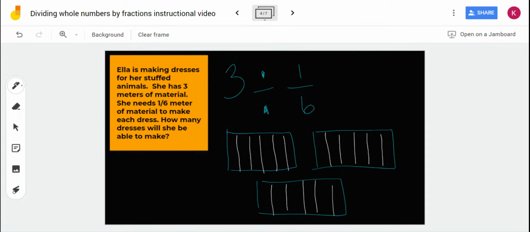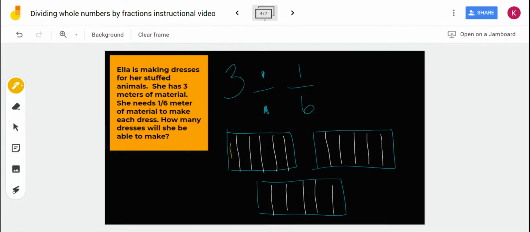Okay, so here I've modeled my 3 wholes and I've divided them into 1/6 pieces of material. When I count up these pieces, that should answer my question of how many dresses will she be able to make. Hopefully you can get the answer before I model it for you. Let's change the color here.